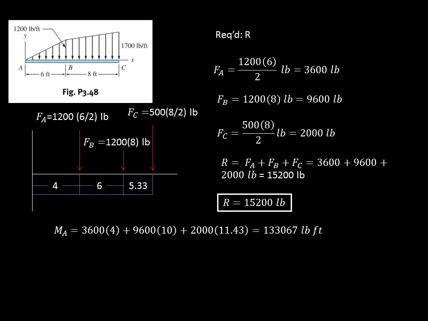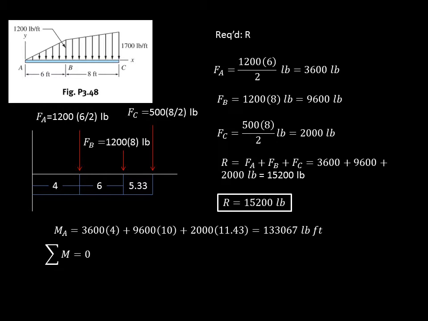Next, we establish the moment equation with respect to the desired point to solve for the resultant moment. Now we know the resultant moment and the resultant force. We can now locate the position of the resultant force.